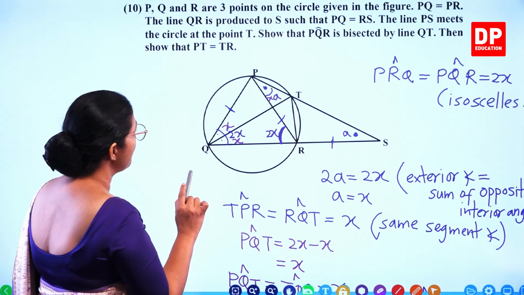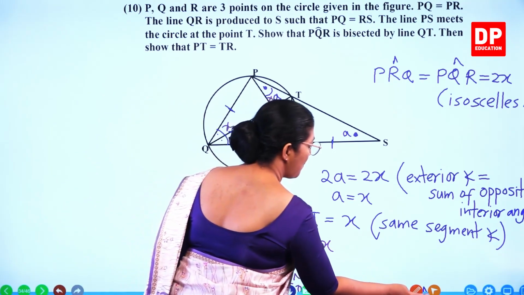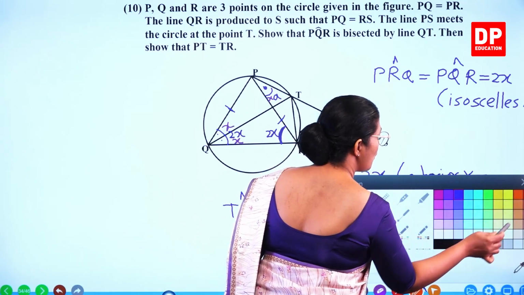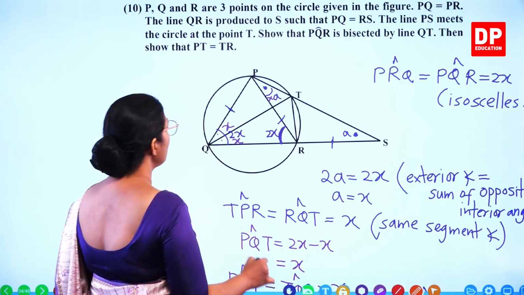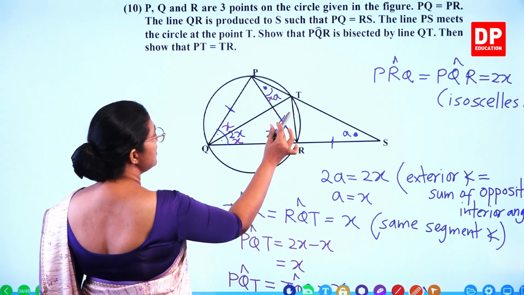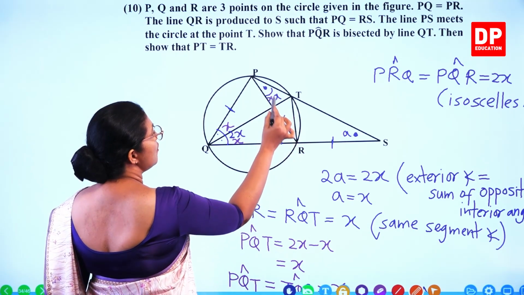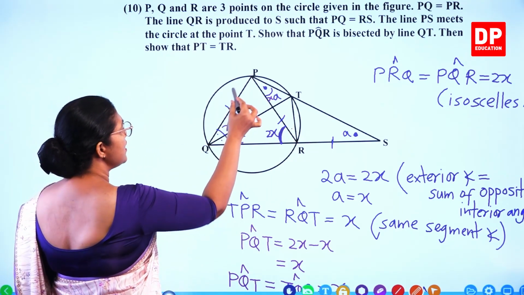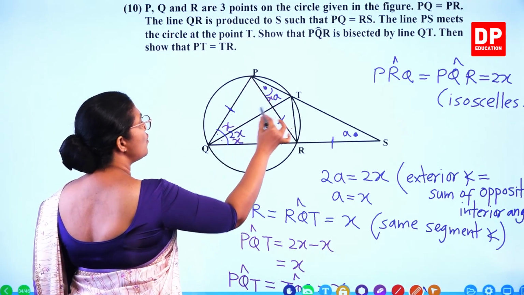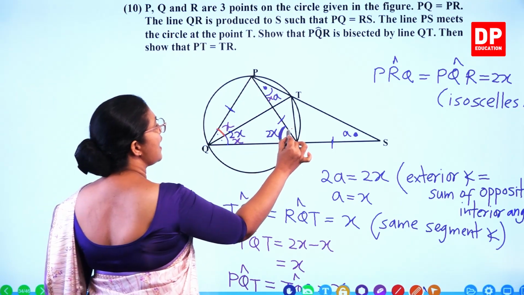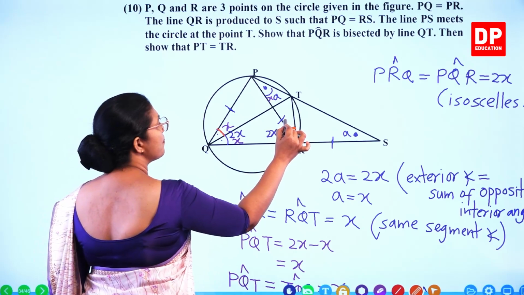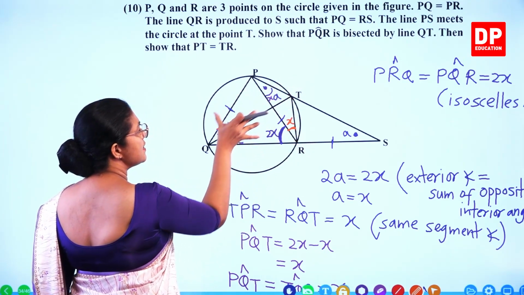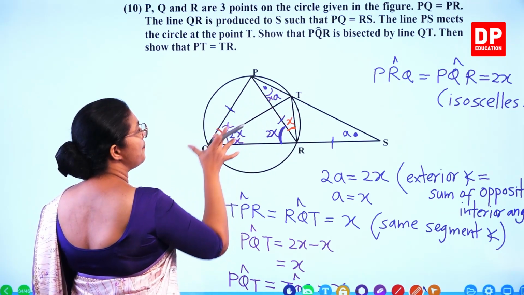PT equals TR. So let's try PT equals TR. I'll take a different color now, orange color. So you have to show that these two are equal, means you have to somehow show that this is also x. Now we can see that this angle and this angle both are the same segment angles. Here PT is the chord, so same segment angles are there.